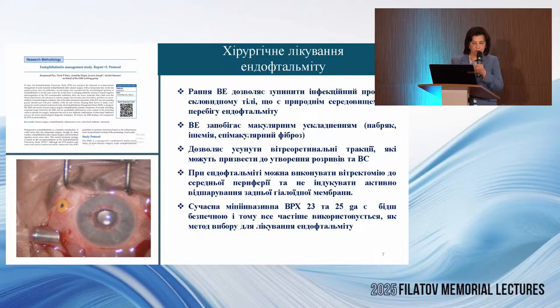In case of endophthalmitis, vitrectomy up to the medium periphery can be used without provoking the detachment of the posterior hyaloid membrane. In some cases removal of the posterior hyaloid membrane is mandatory, and this is performed very aggressively, and unless the posterior hyaloid membrane is removed, the operation cannot be complete.